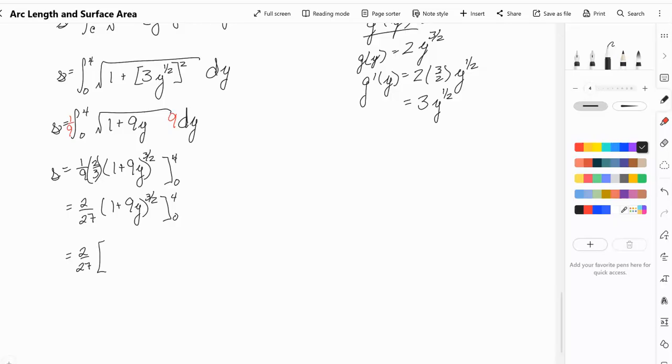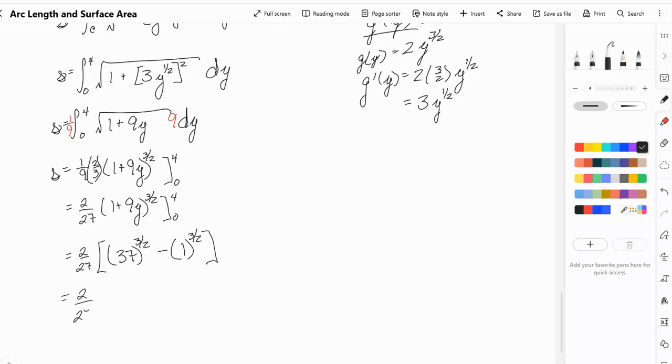I'm going to keep that 2 over 27 out. So when I plug in the 4, I'm going to get 1 plus 9 times 4, so that's 37 to the 3/2, minus, and when I plug 0 in, I'm going to have 1 plus 0 to the 3/2, which is 1 to the 3/2.